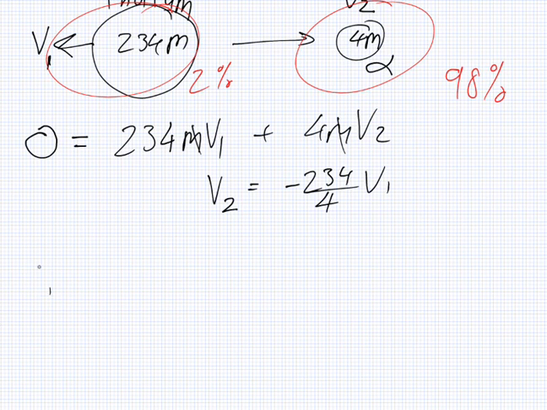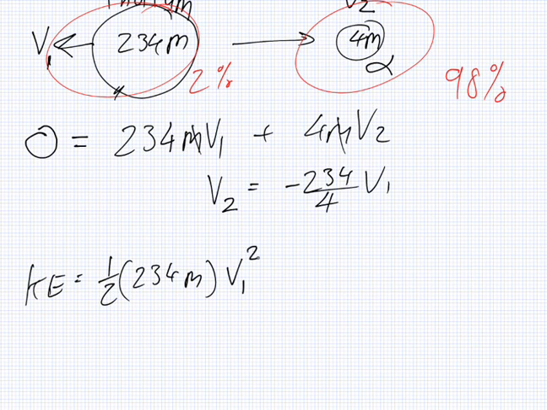So the first one, what's the kinetic energy? Kinetic energy is a half, what's the M here? 234 M, a half M V1 squared. And then for the other one, it's a half M V2 squared.